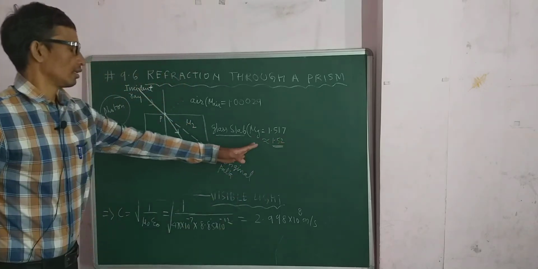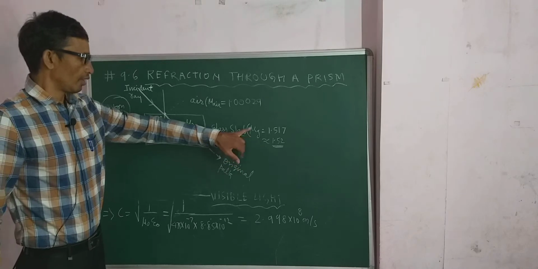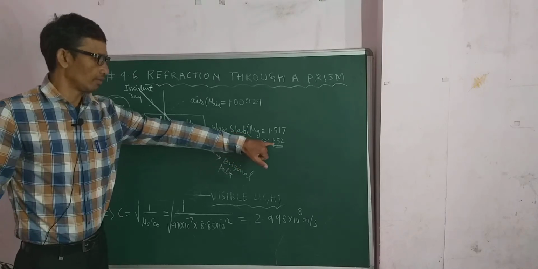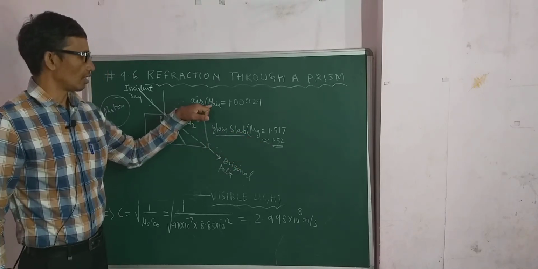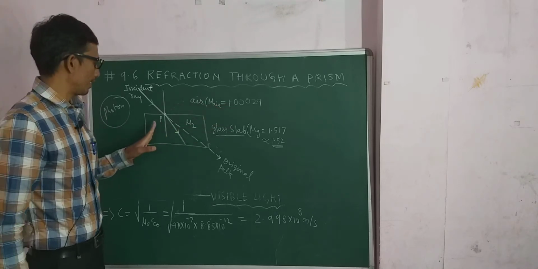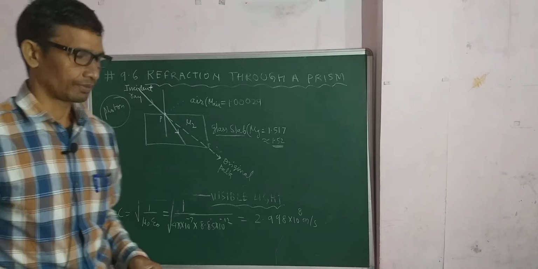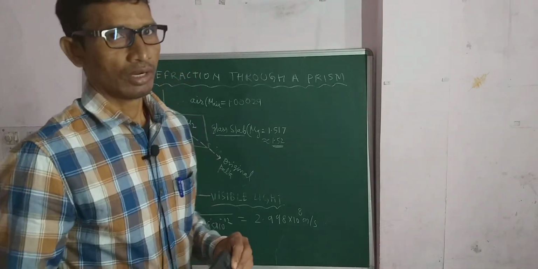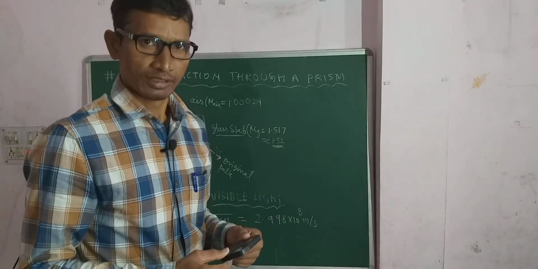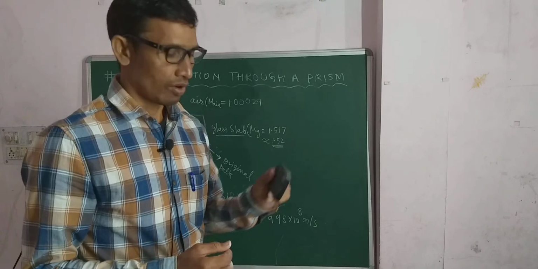This is the refractive index of the prism, the refractive index of the air, and any body has a refractive index. But how can you define the refractive index of the material?